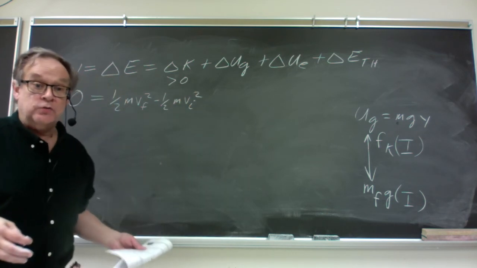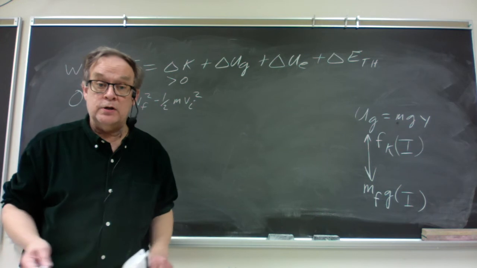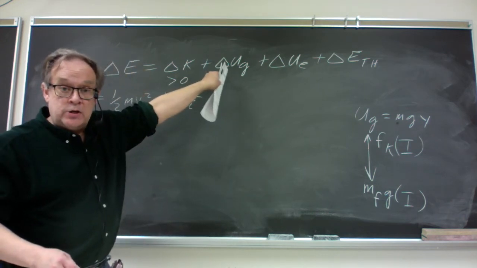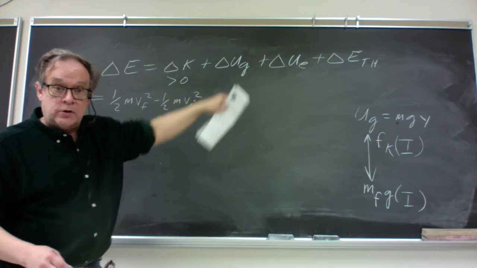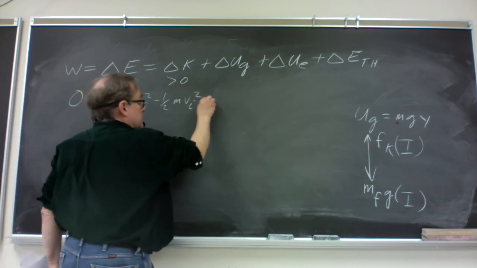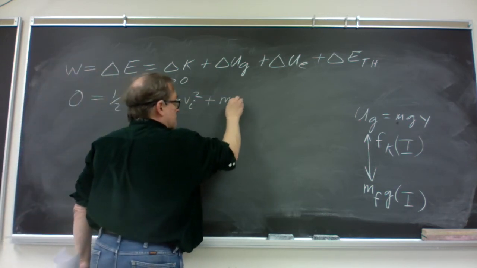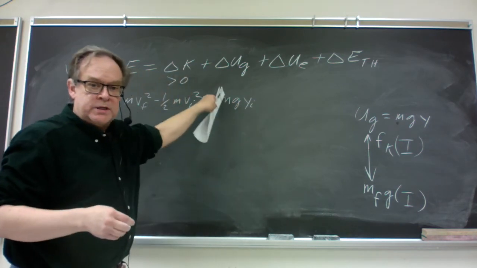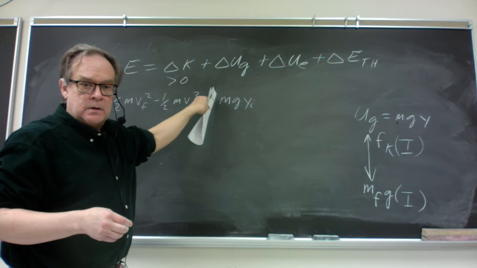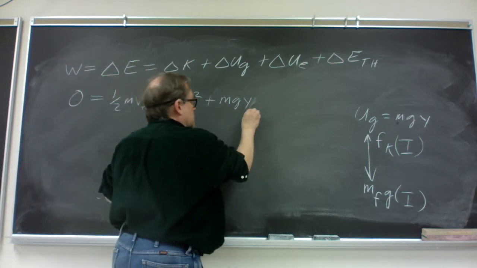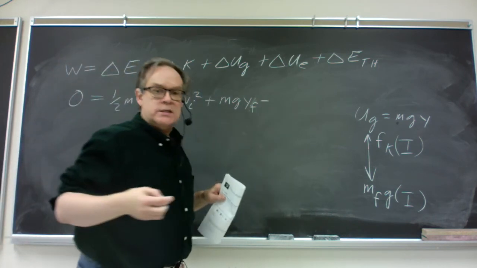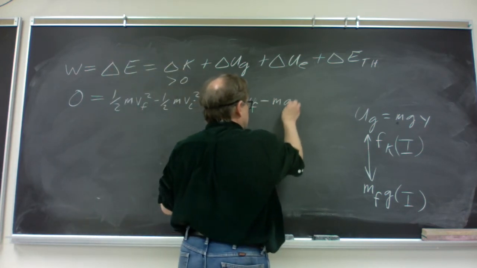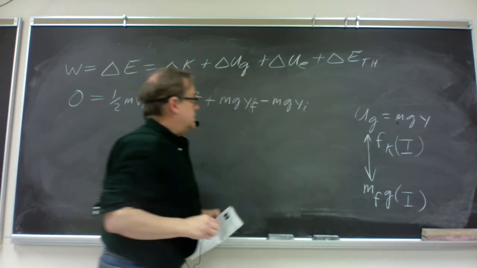The final and initial velocities are different, so the final and initial kinetic energies are different. And we know there was a change in gravitational potential energy, and the change is, as always, final minus initial: final potential energy, mg times final elevation, minus initial potential energy, mg times initial elevation.